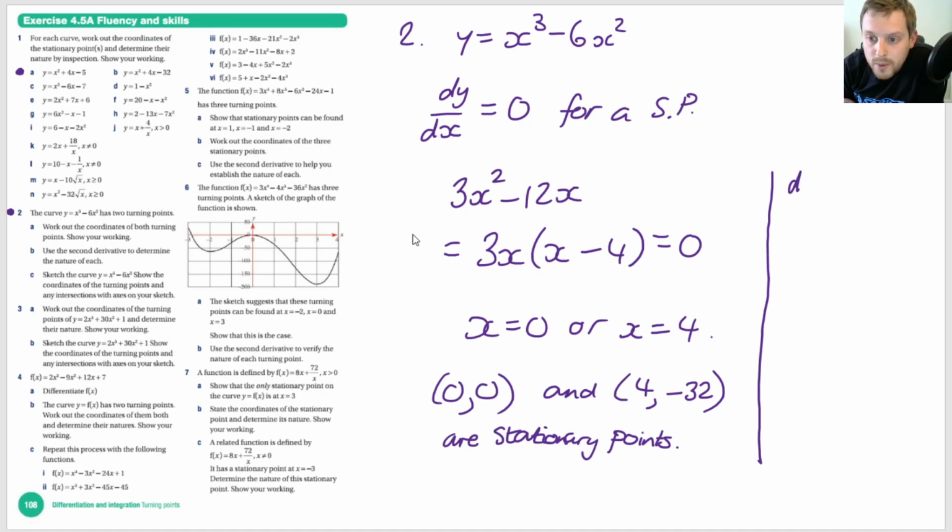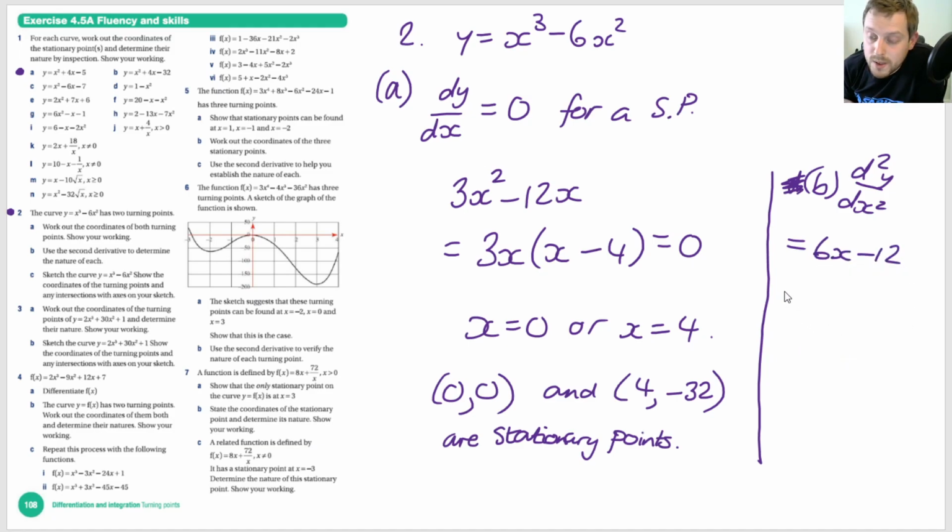So we've got, well, there's A, and then we've got B, and I was going to write d2y by dx squared, which equals, where is it, 6x minus 12.